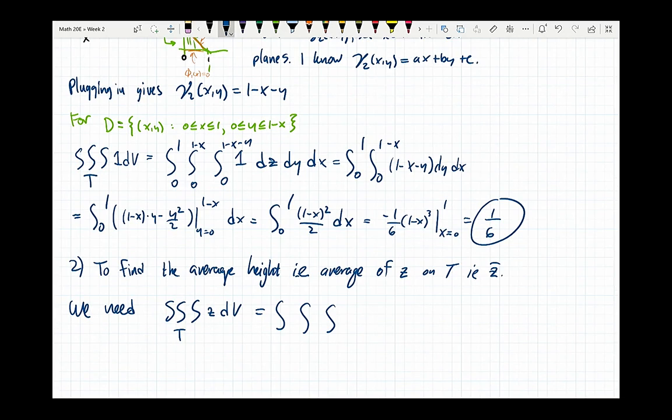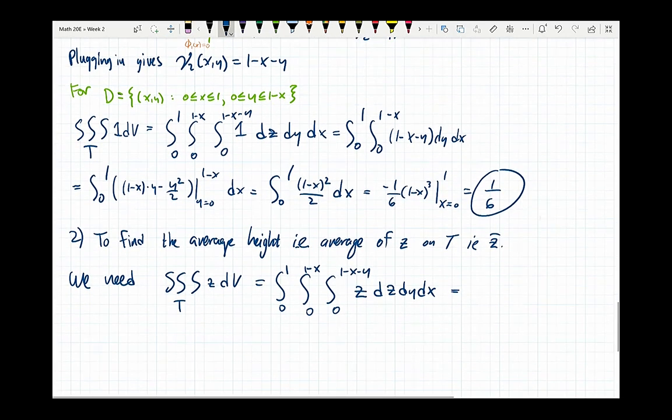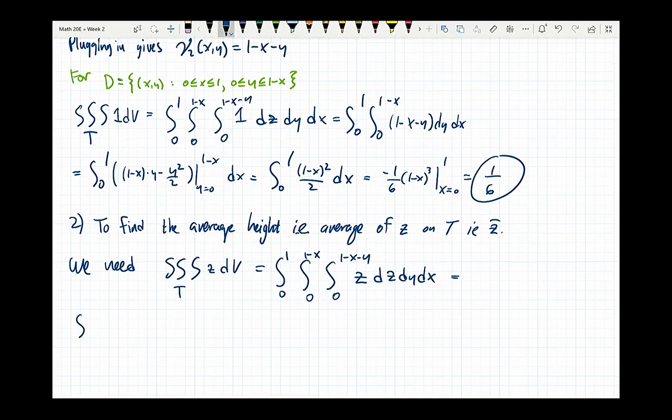Okay. So the bounds are 0 to 1 minus x minus y, 0 to 1 minus x, 0 to 1, z dz dy dx. So, okay, 0 to 1, 0 to 1 minus x, what's that? Z squared over 2 from z equals 0 to 1 minus x minus y.